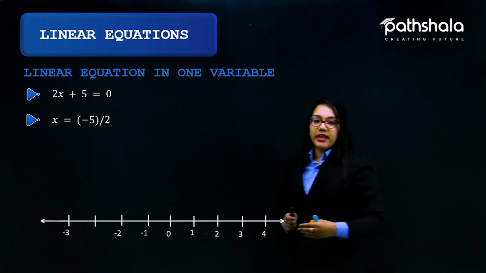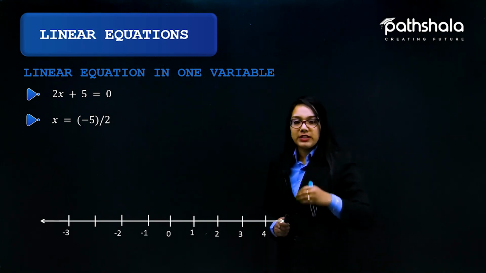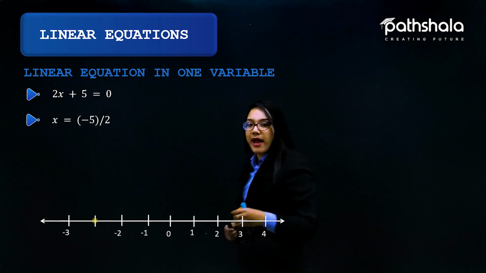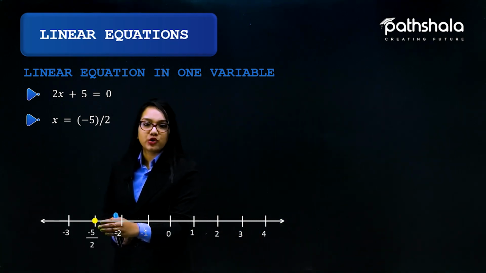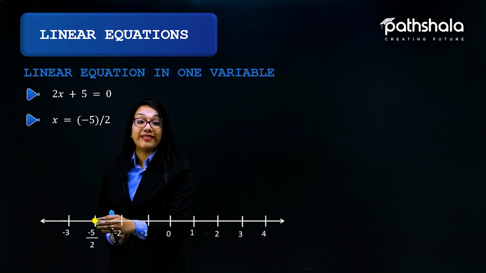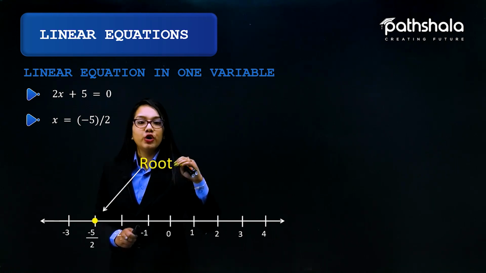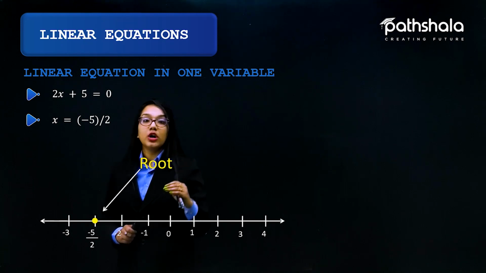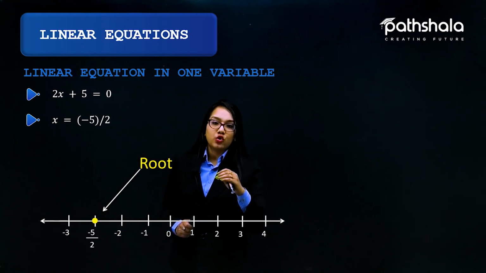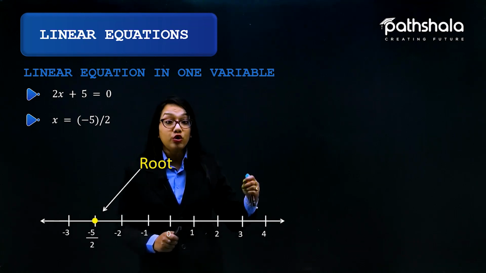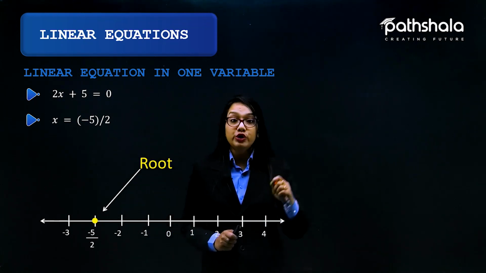Taking the number line over here, minus 5 by 2 comes in between minus 2 and minus 3. So this point is minus 5 by 2, and this is called a root or a solution.